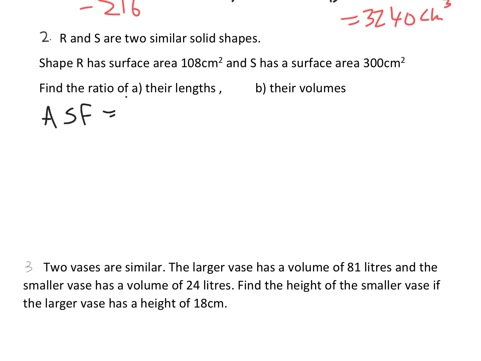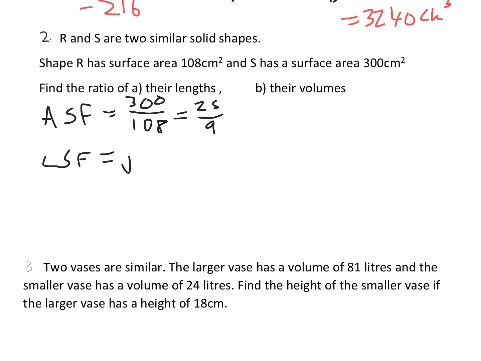The area scale factor would be 300 divided by 108, and that is 25 over 9. The length scale factor then is the square root of the area scale factor.